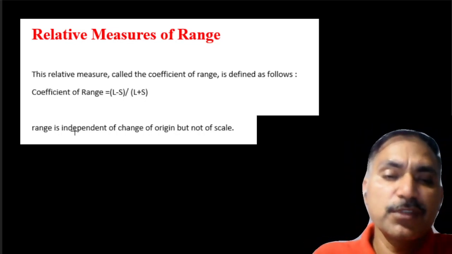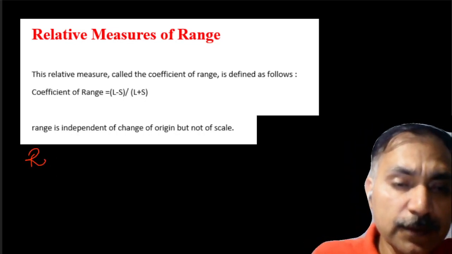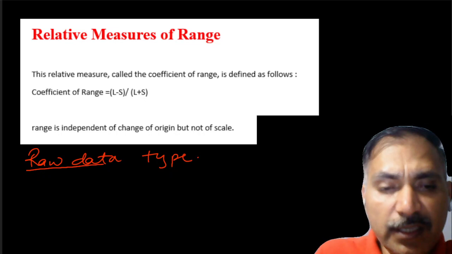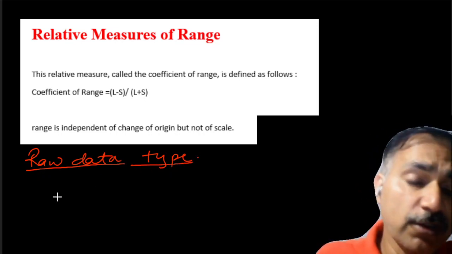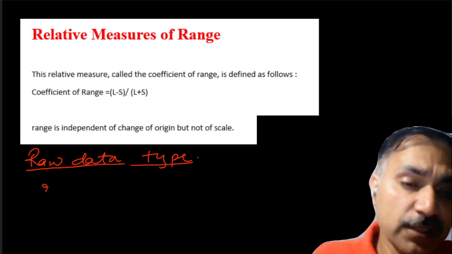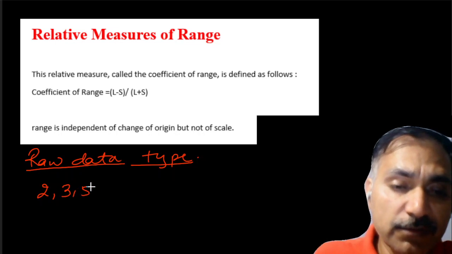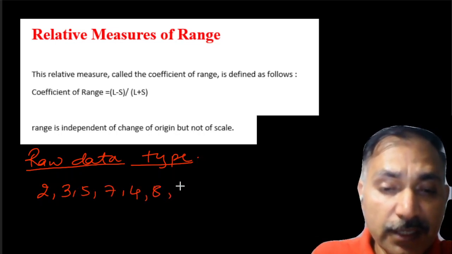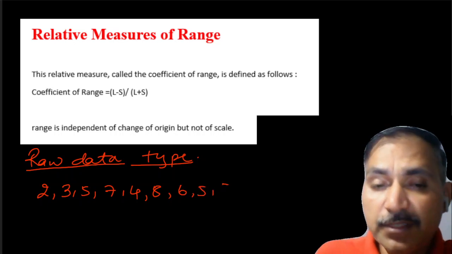Let us have the first type, raw data. Here the numbers will be separated by commas. All the numbers will be listed, like 2, 3, 5, 7, 4, 8, 6, 5, 7.